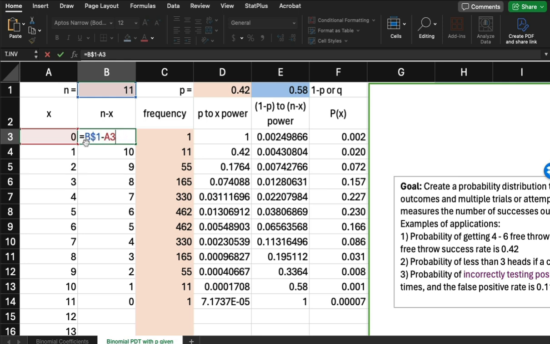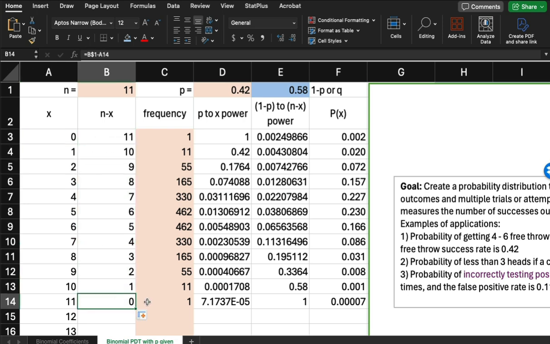So again, it's equals B dollar 1 minus A3. It should show up as 11 right now, because N was 11, and 11 minus 0 is 11. Fill that all the way down until you have a 0 showing.